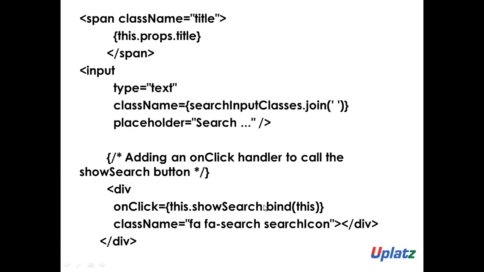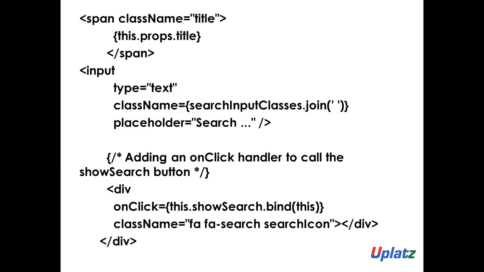If I click on the text field, that particular handler will get triggered, and based on that the set state will get updated. If it is visible, it will add all the classes into our web page. If not, it will make everything false and will not join the search input classes in that scenario.